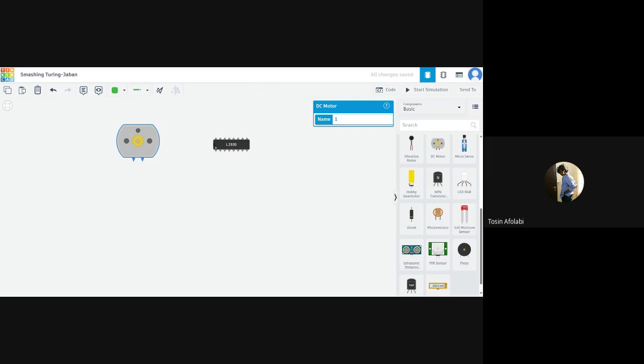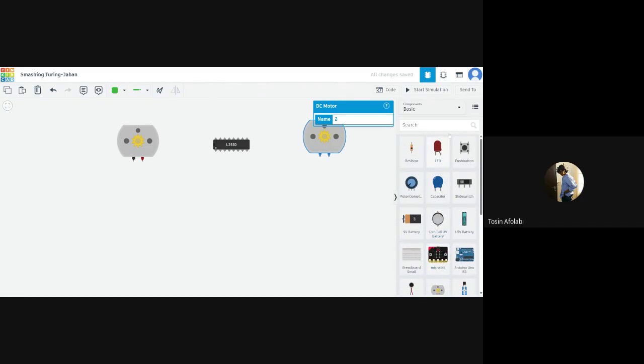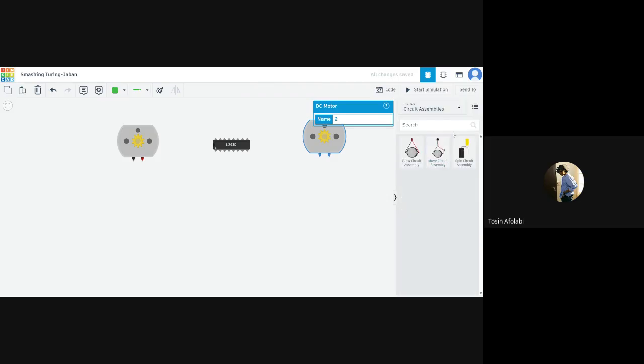Okay, so I think we'll use two motors. Then we need the batteries. We'll see if there's any starter kit that can get us started with something.